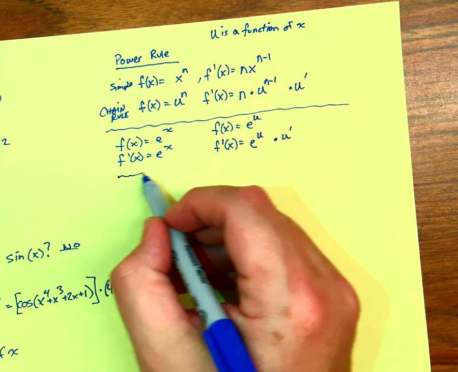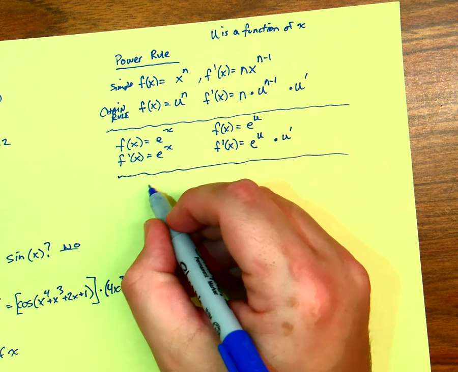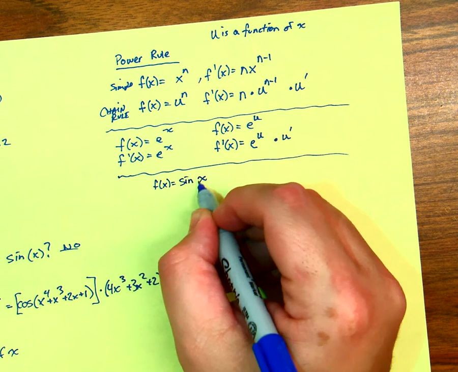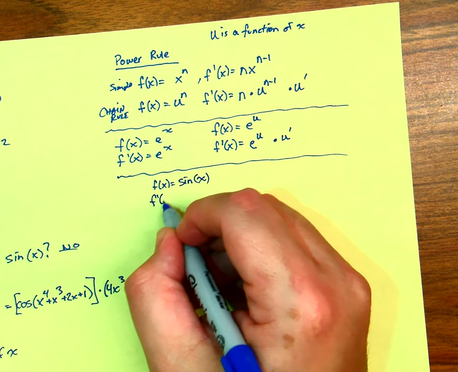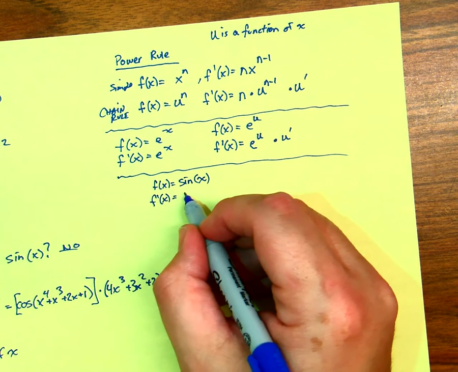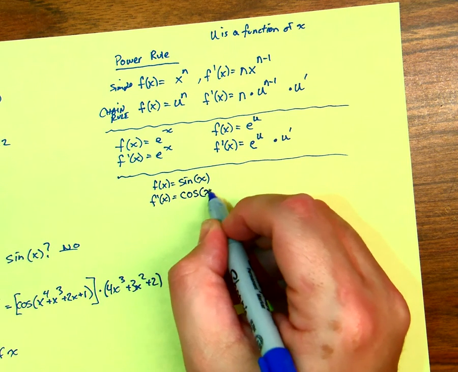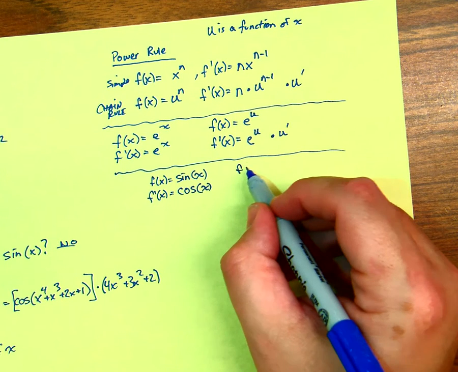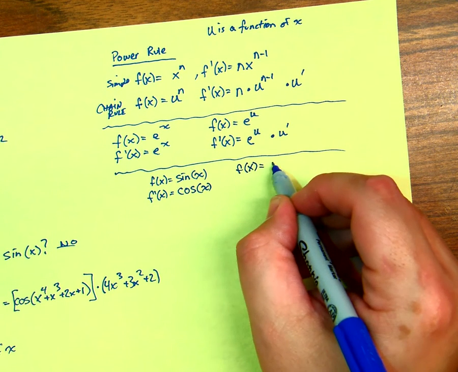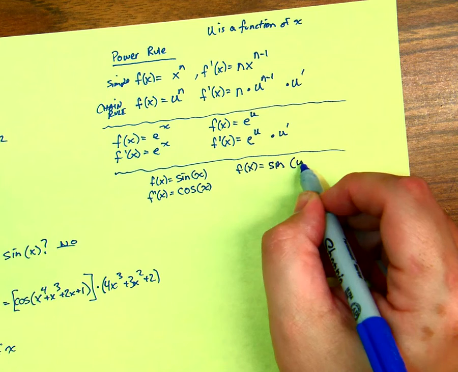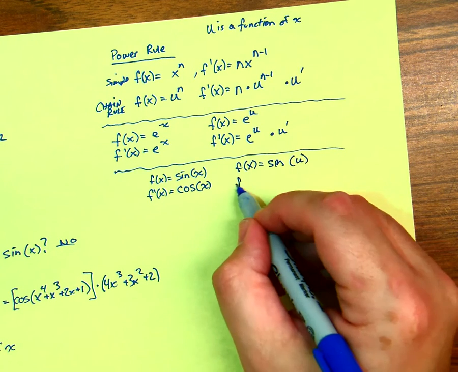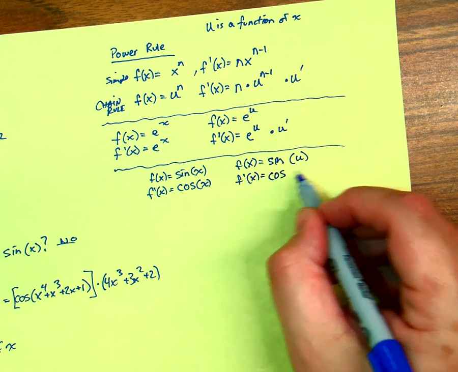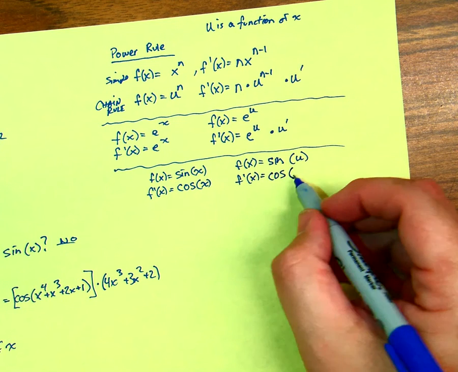If f of x is equal to the sine of x, what's f prime of x? Yeah, the cosine of x. But if f of x is equal to the sine of u, the derivative will be the cosine of u times u prime.